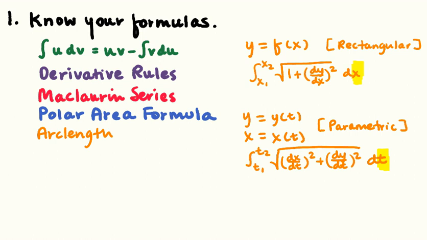But basically, if it's given parametrically, you need to find the length, which is the same as the total distance traveled. But if it's given to you rectangularly, you need that 1 plus (dy/dx) squared formula. If you're curious about why it is the way that it is, I would suggest you go back and watch my video on area and perimeter.